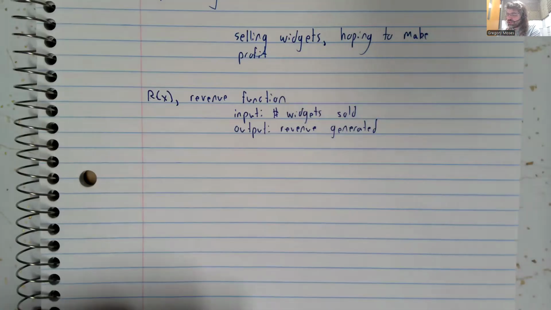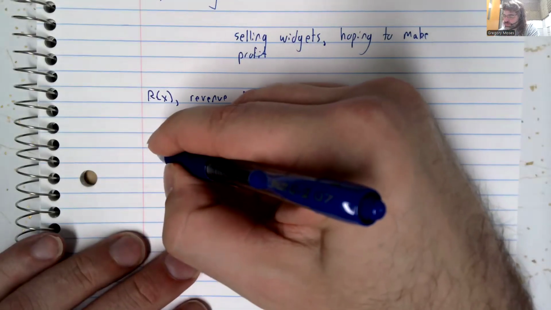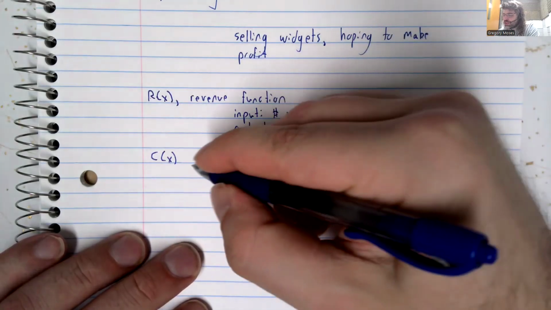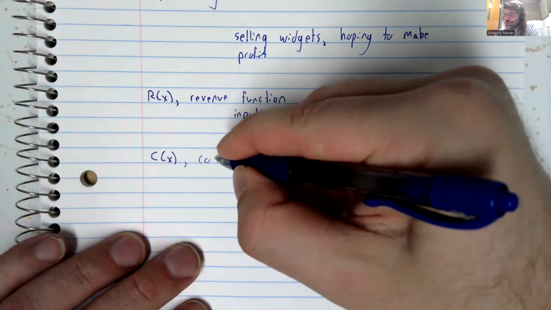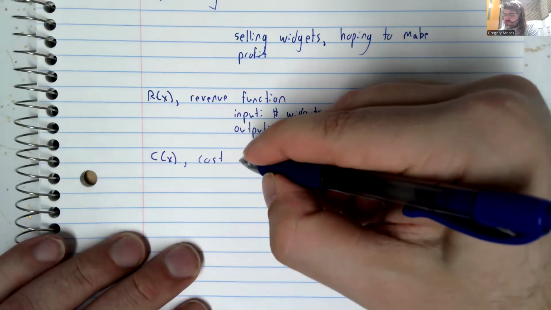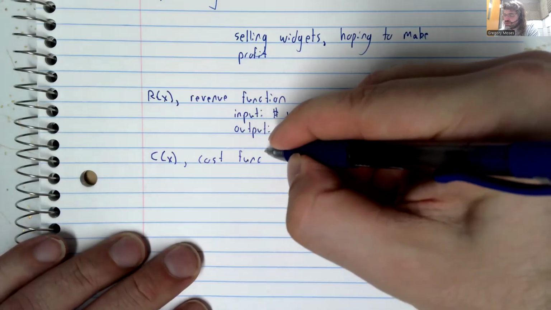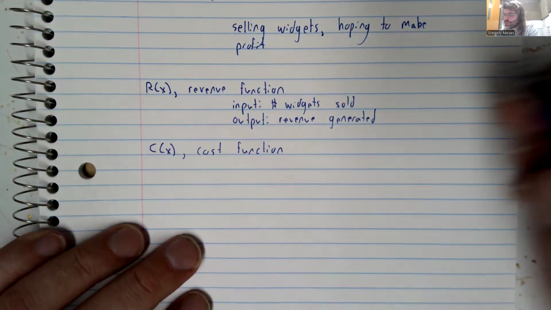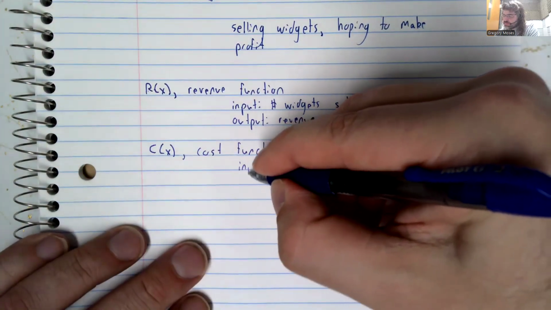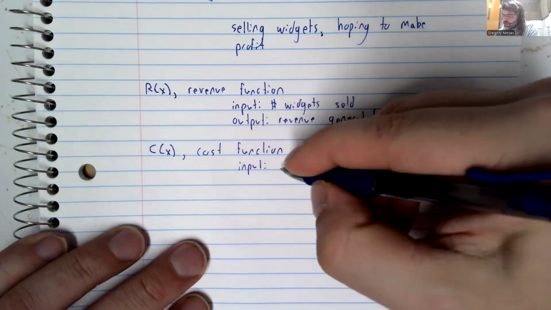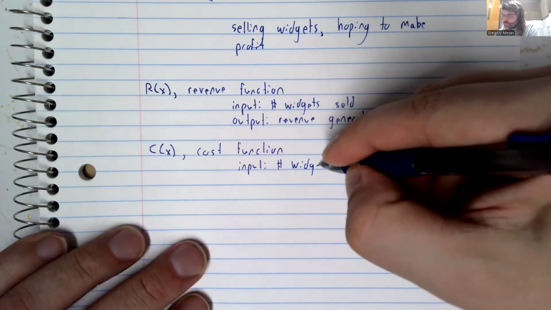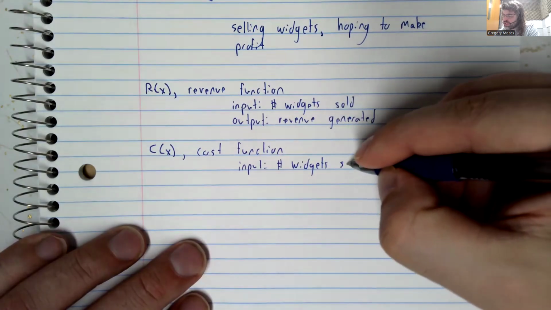So there's revenue, but there's also cost associated with this. And the input is the same.